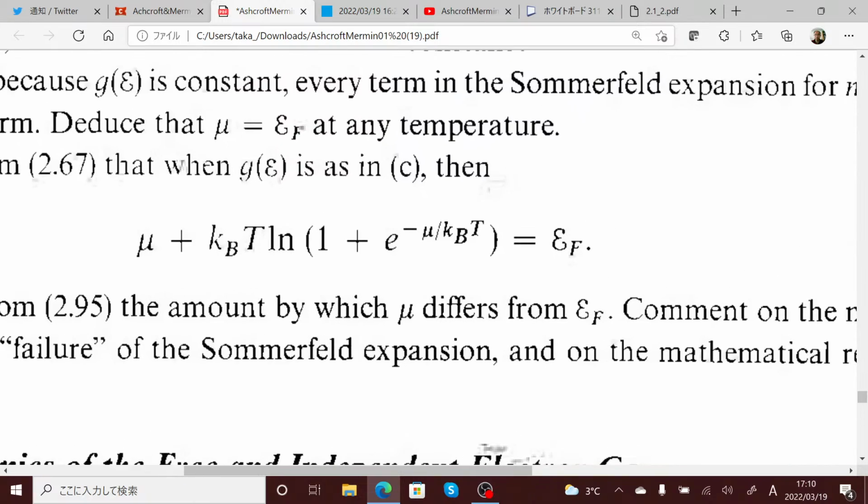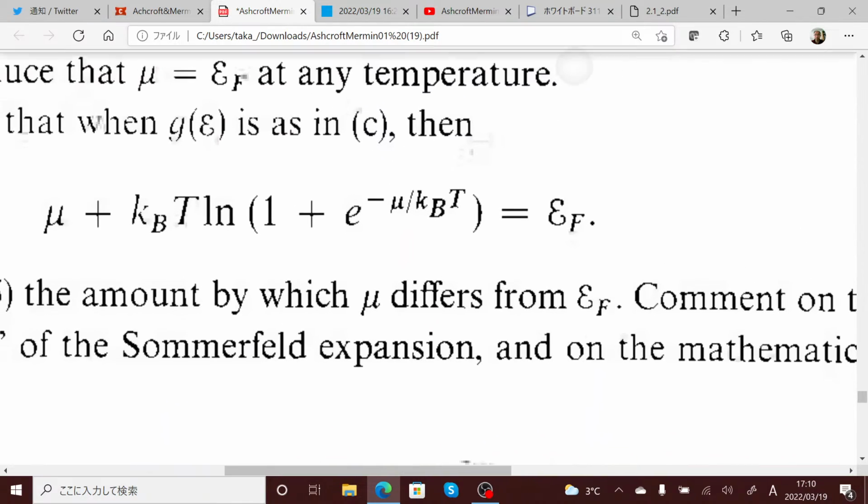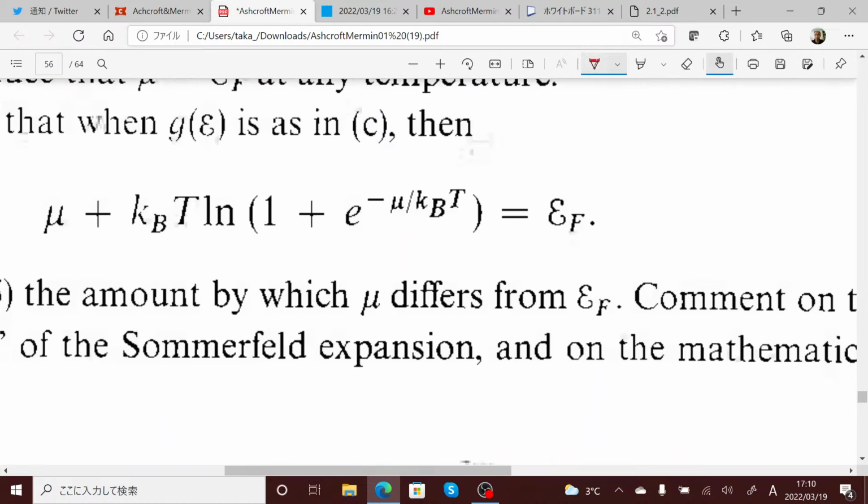You can see here, I think we can change.